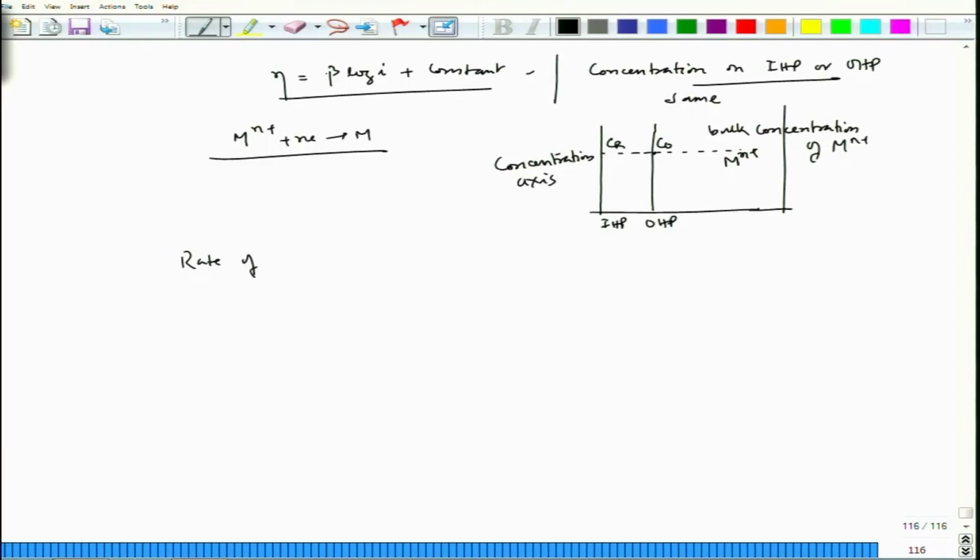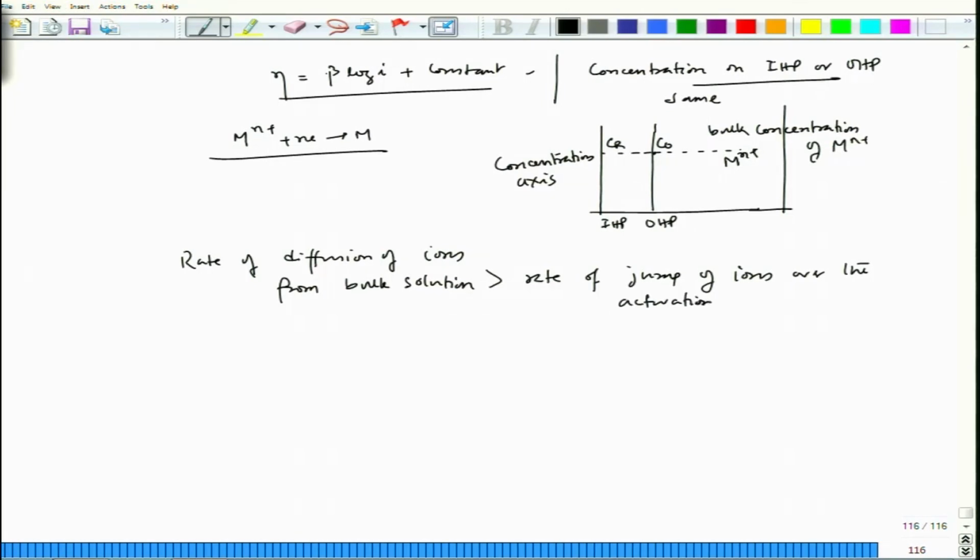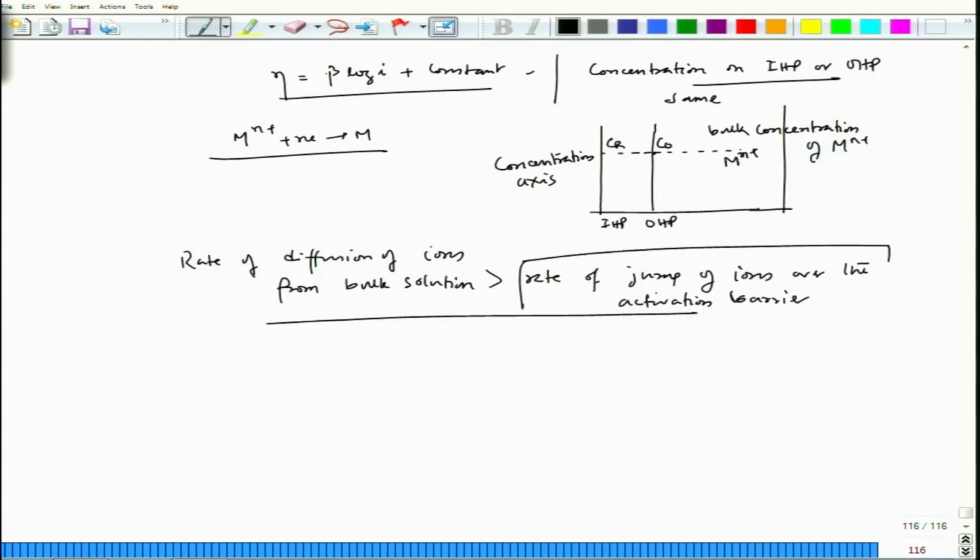Now, if we have this condition that the rate of diffusion of ions from the bulk solution is greater than the rate of jump of ions over the activation barrier, that time we can say that the slowest step for the overall reaction is this one, and the slowest step actually controls the overall reaction and overall rate of that particular process.